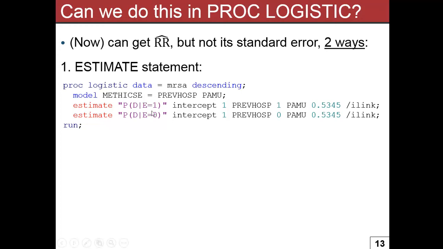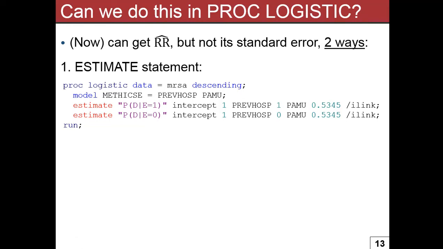So if I say, estimate the probability of disease given exposed, this is a label, intercept 1. Okay, this is weird. We never used to have the intercept, because the intercept used to cancel in the odds ratio expression. But this is a special SAS word, intercept, and it knows what to do with that. You say intercept 1, pre-hosp 1, that's the exposure. Then PAMU 0.5345, that's the average value we've computed already.